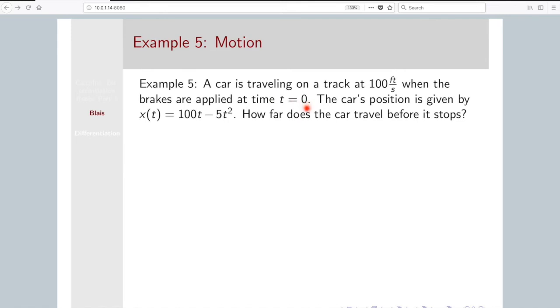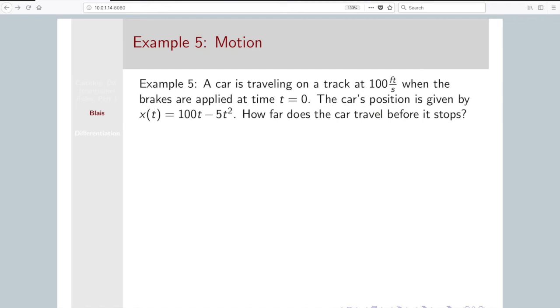So you want to think of this as the car is driving on a track, and when the driver hits the brakes, you start a stopwatch. So you start the clock when the brakes are applied. The car's position is given by this function, starting at that time. How far does the car travel before it stops?